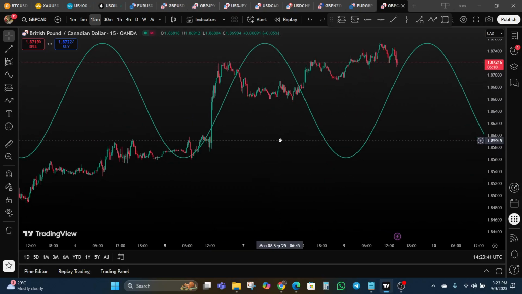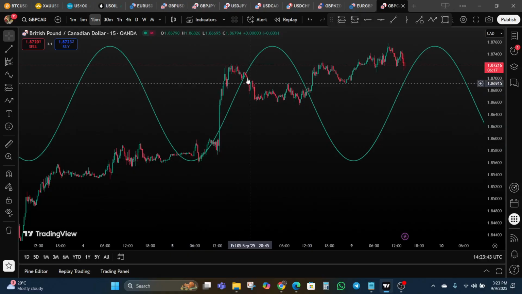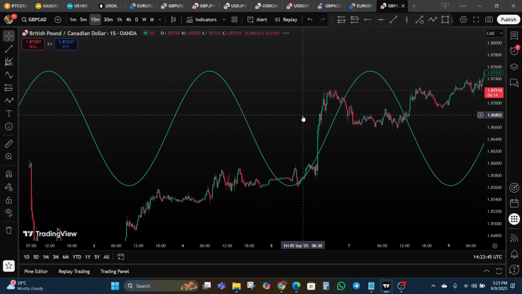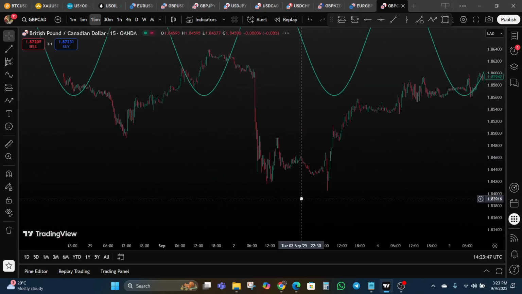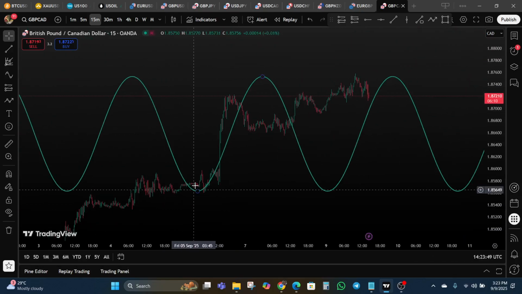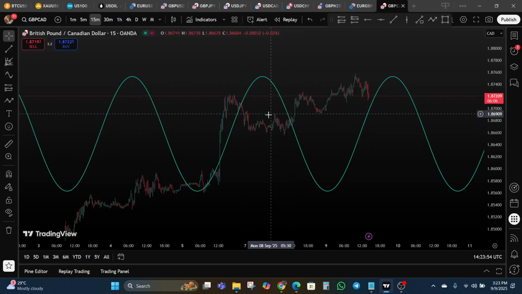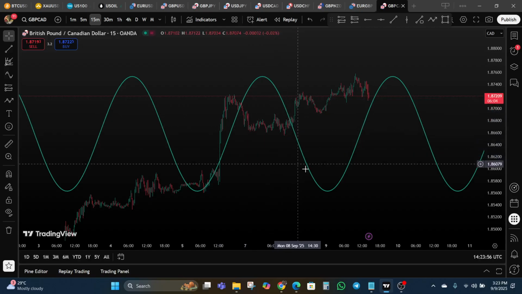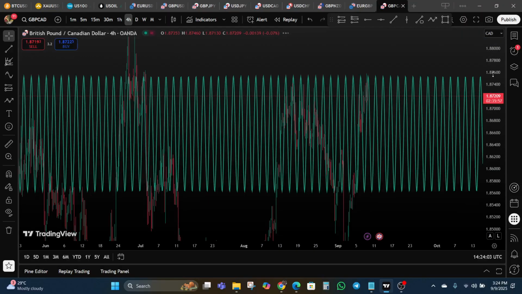Do price peaks align with cycle tops? Okay, these are things that you want to check out. Do price peaks occur around cycle tops? Are lows occurring near predicted sine line troughs?